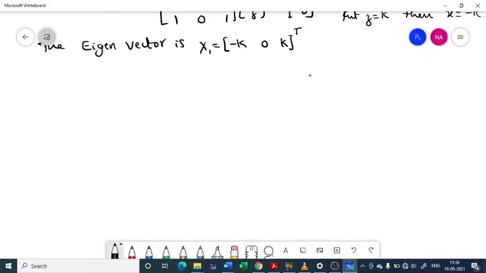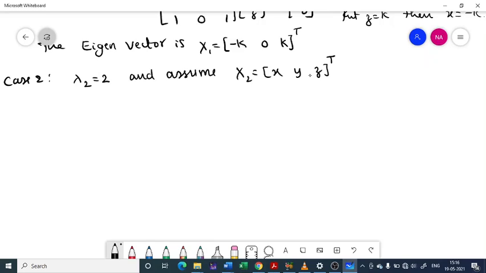Next, case 2, lambda 2 equal to 2, and assume x2 equal to (x, y, z) transpose. Then (A minus lambda 2 I) into x2 equal to 0, that is A minus 2I into x2 equal to 0.